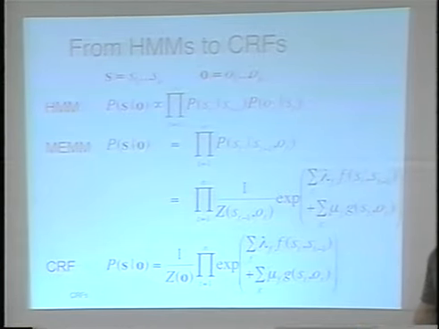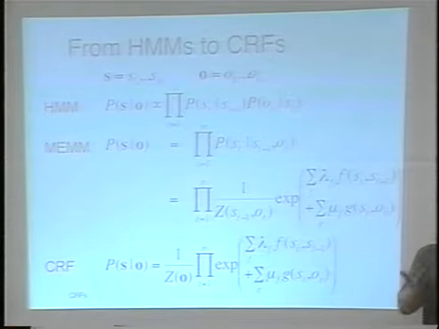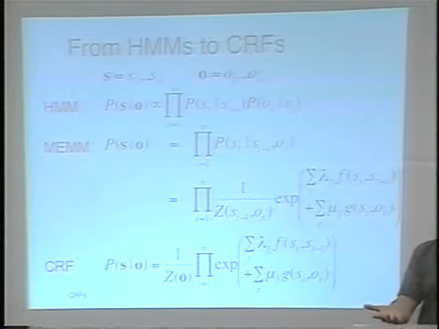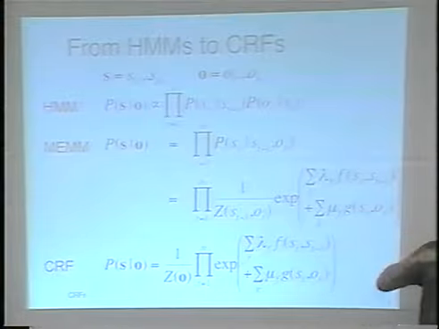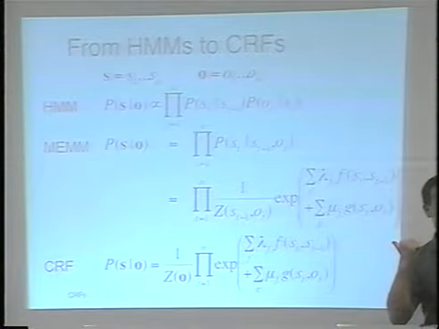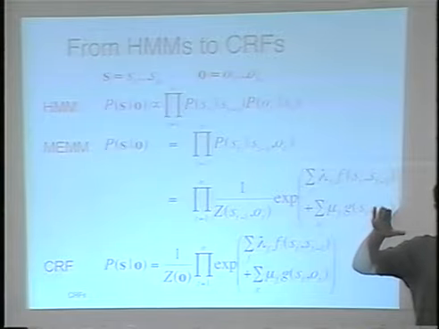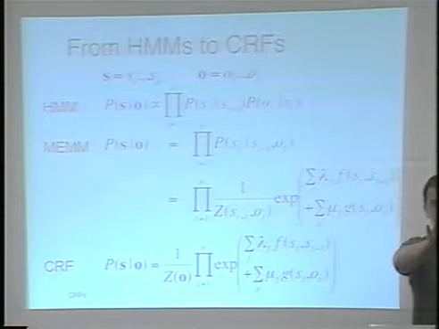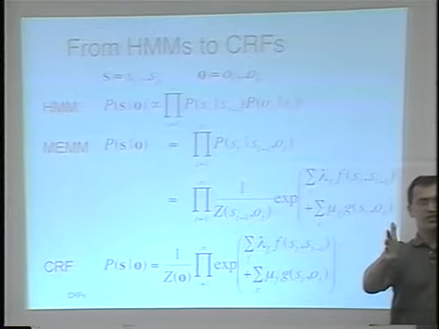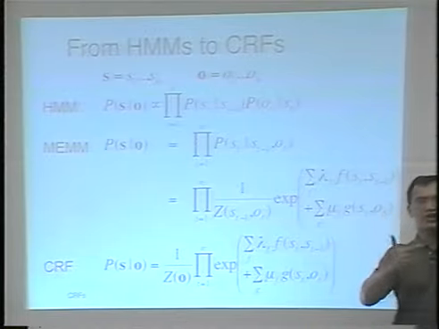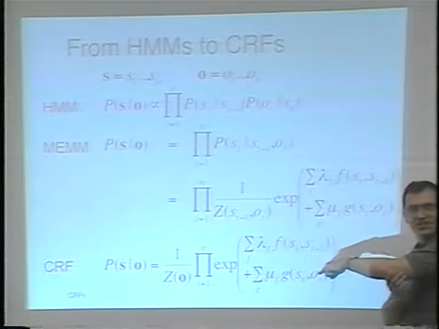If that's the point that was being made, then I agree. But the converse doesn't hold. That is, this is not the same as this. Let me just say one thing. There's a way of thinking of discriminatively training an HMM, which is this story.